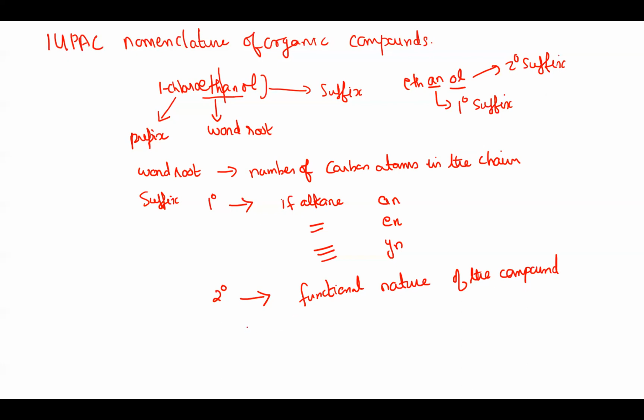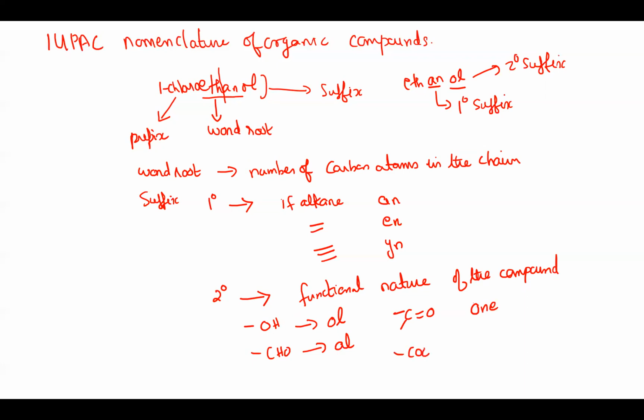For example, in ethanol we have OH, and for OH the name ends in ol. If it's an aldehyde, the name ends in al. If it's a ketone, with a carbonyl group, the name ends in one.